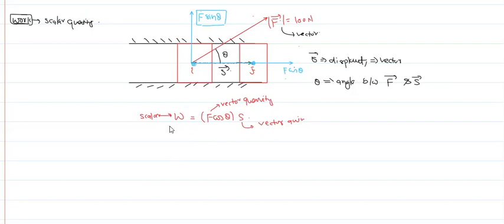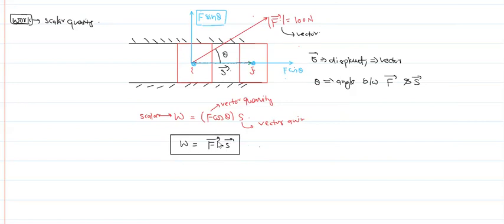Such a product is called a scalar product, or dot product. You can write this as F dot S, which is equal to work.